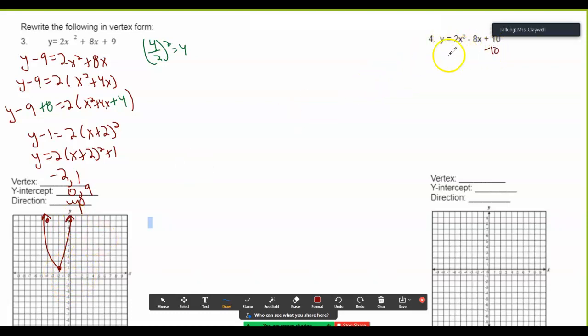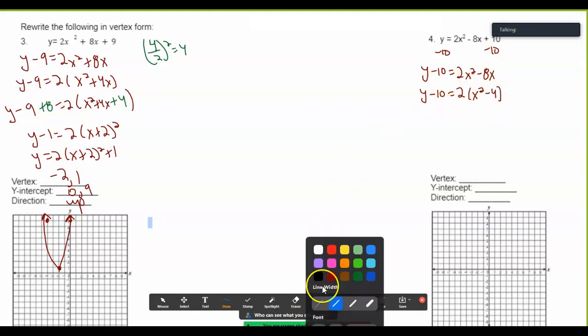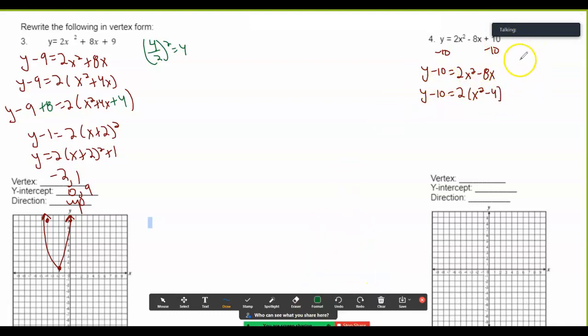I can subtract the 10 from both sides. I need to pull out my a value. Forgot to write my x there.